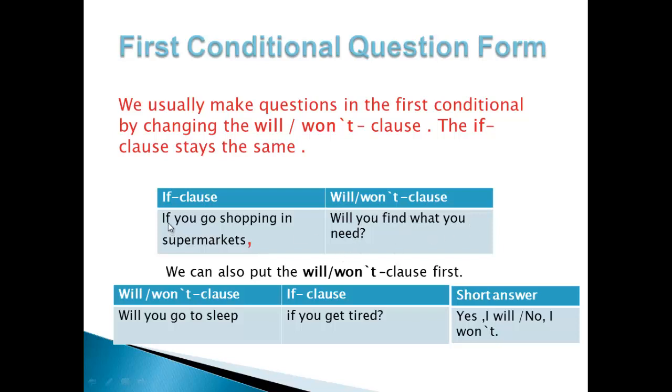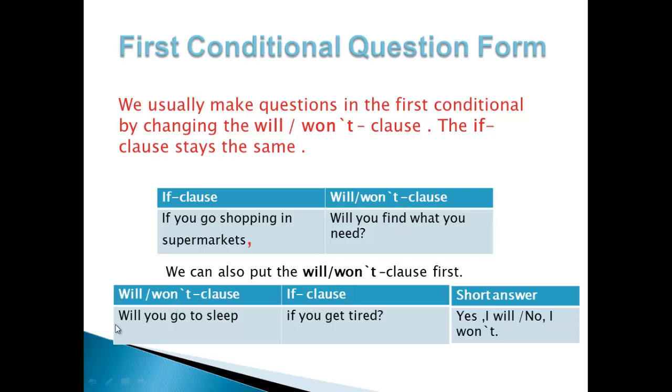So we start with what? With if, subject you, go, the verb in present simple, and shopping in the supermarket, comma. Notice that we have to add a comma here when we start with if. Plus this question: will you find what you need? And the question mark. Also we can start with will or won't if you want.